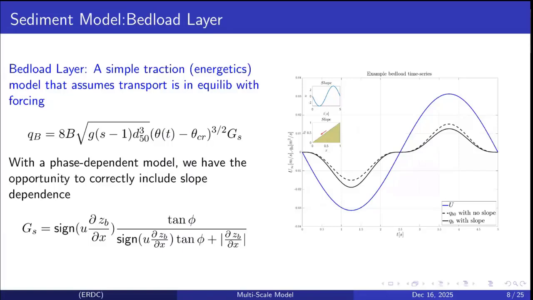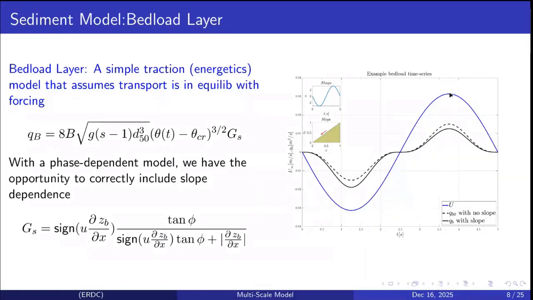So no skewness, no asymmetry. But it does include the effect of the slope, which I've shown here as a red arrow that shows sand moving down. And this is the forcing, and there's a couple of effects you can see. First is that the sediment initiation shows up as this flat region here near the zero crossings of U.